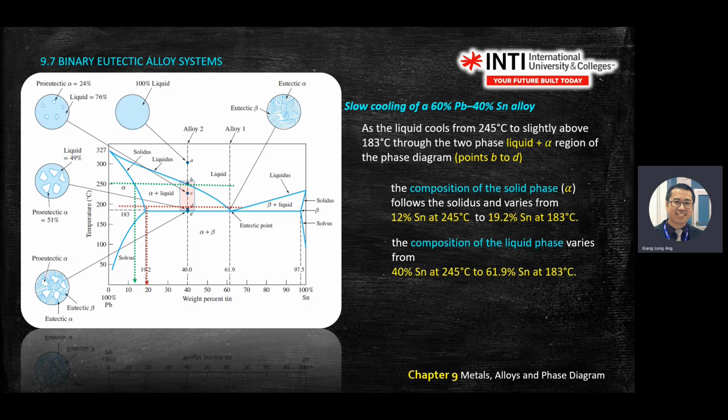And then at point D, you look at the liquid. What is your liquid phase? It depends on what question I want to ask you, whether I ask about the solid phase, how many percent, or the liquid phase. You just use your ruler. Again, don't lose your direction. Where is liquid, where is solid?